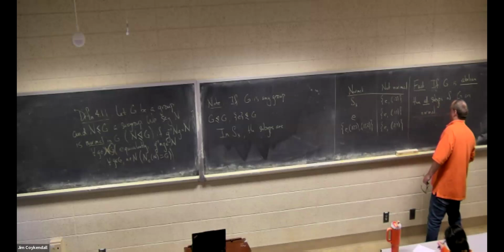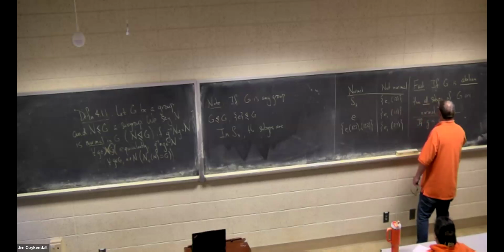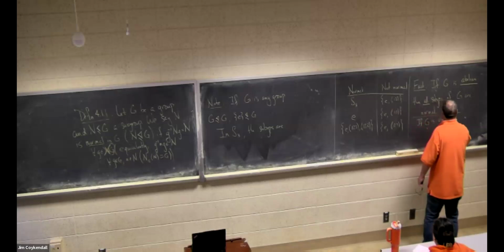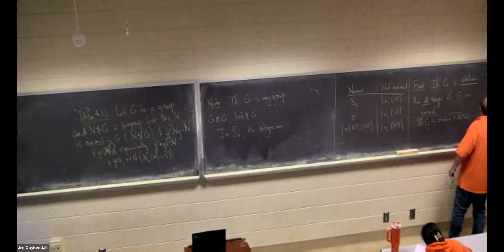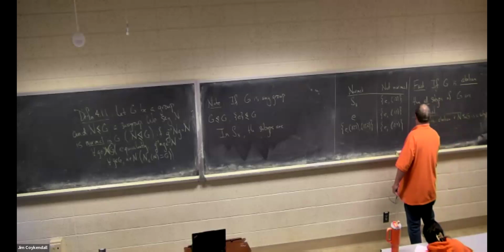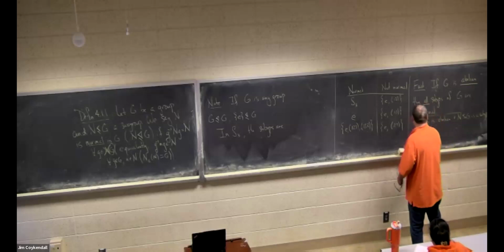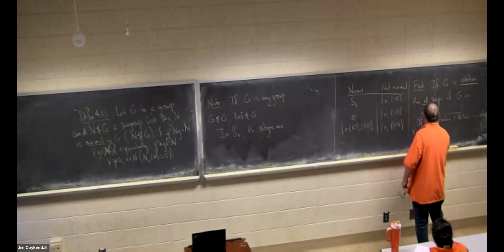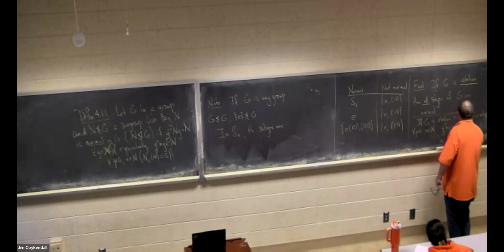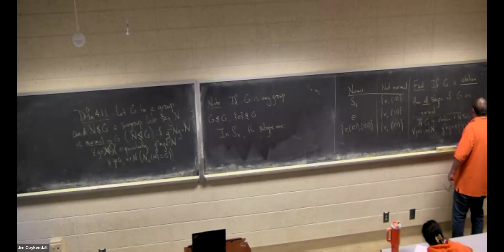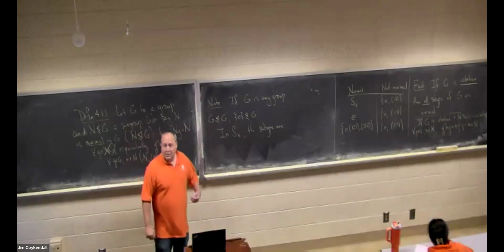And the reason for this is, if N is a subgroup of abelian G, then for all g in G and n in N, g n g inverse is n g g inverse, which is n, which is in N. And so if you believe this equivalence right here, that's all you've got to know, all right?